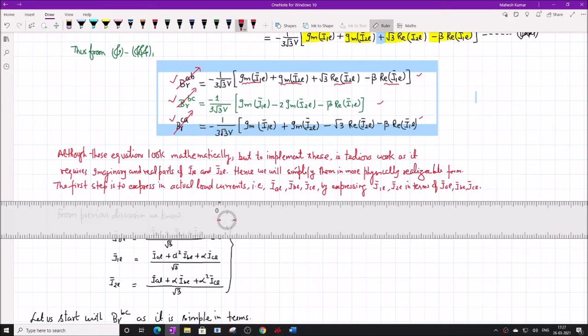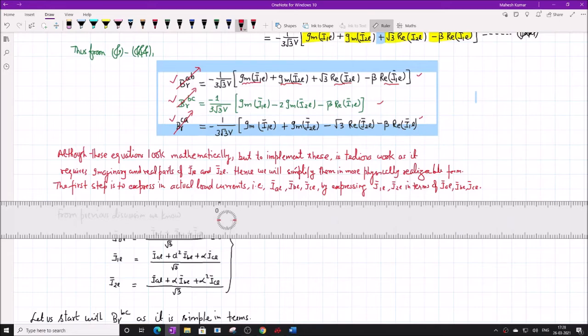Because we need to compute I1L, I2L, I3L and then their real and imaginary parts. Mathematically it is elegant, but when we implement this compensator it is difficult to get these parameters because the calculation is quite intensive. So we need to simplify into a more physical, more implementable form.